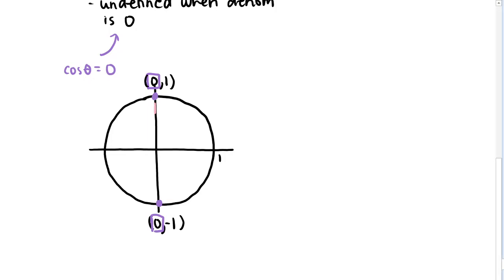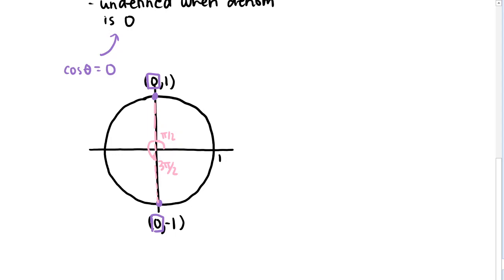And so the angles are any angles that bring us to these points. You can imagine pi over 2 bringing us to where cosine of theta is equal to 0, then if I add another pi, so 3 pi over 2, we also get cosine of theta equal to 0. In other words, a place where tangent of theta is undefined. I can go around another pi back to the top point, and then another pi to go back to the bottom point.